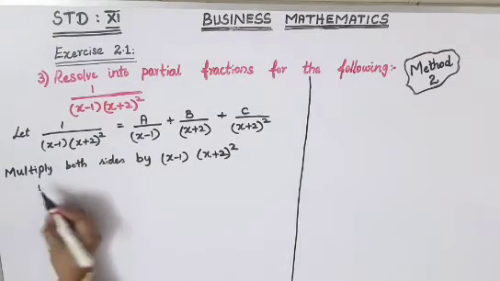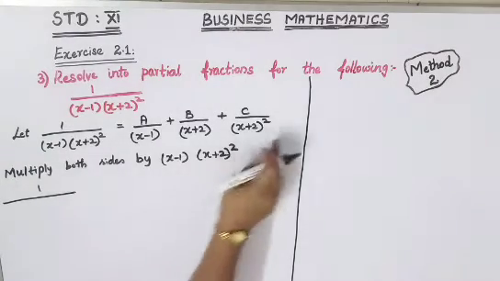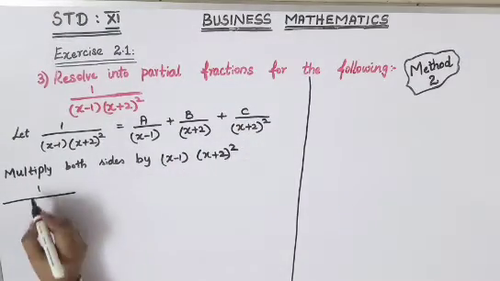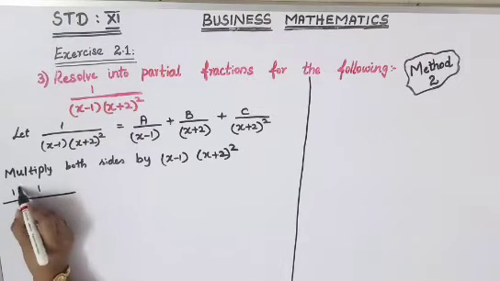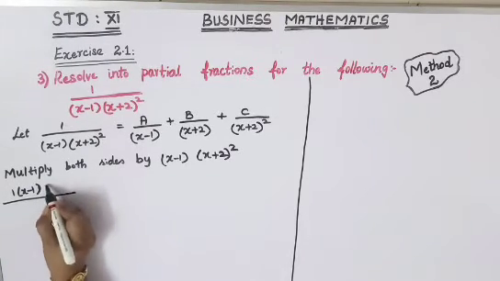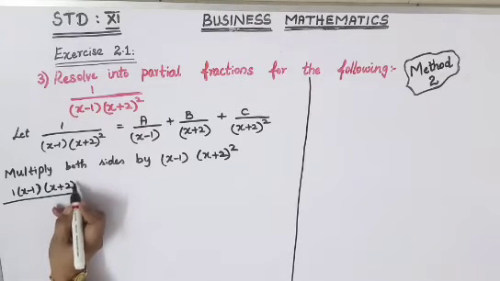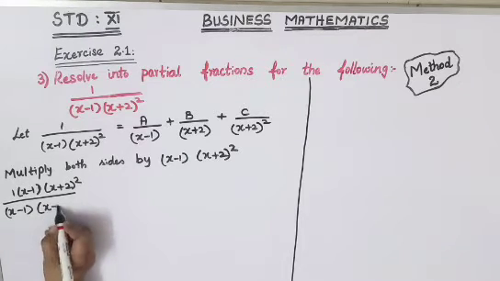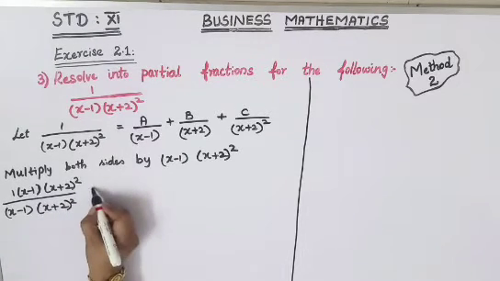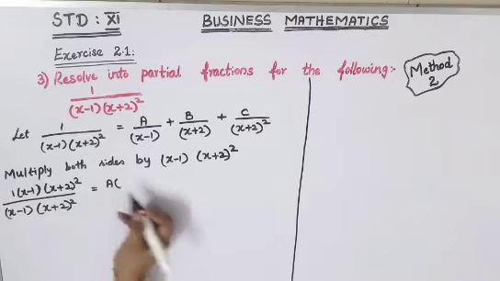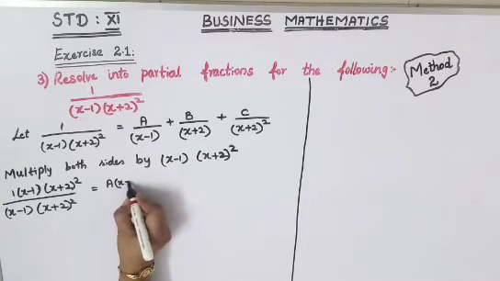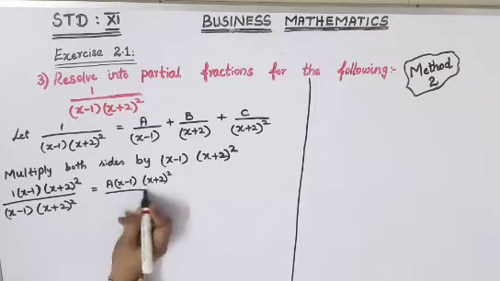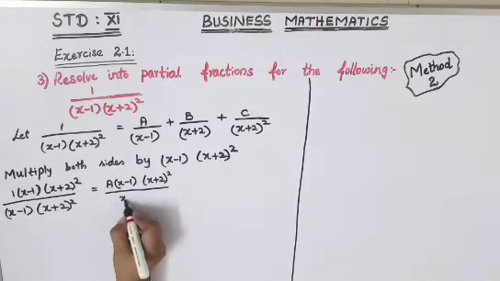So the whole equation has to be multiplied by (x minus 1) into (x plus 2) the whole square. So 1 I'll just write here, (x minus 1)(x plus 2) the whole square, divided by the denominator as it is, which is equal to a into (x minus 1)(x plus 2) the whole square divided by x minus 1.